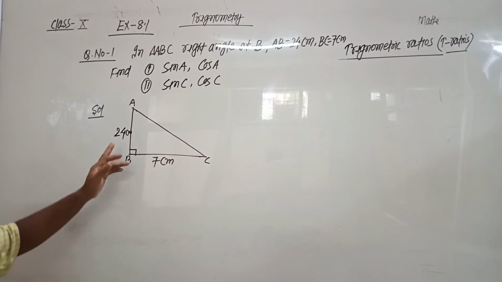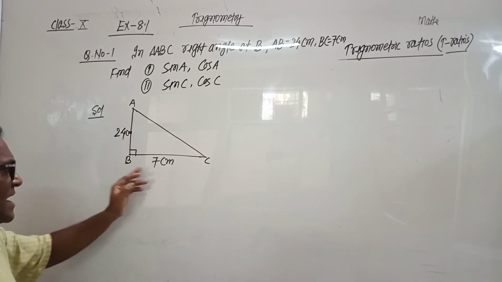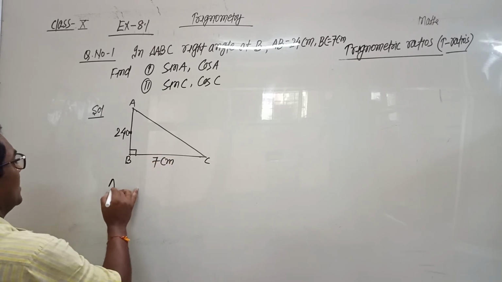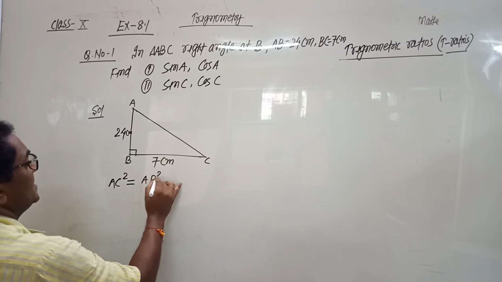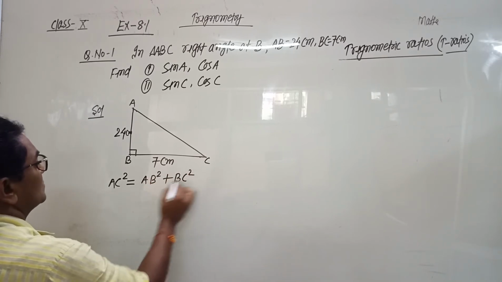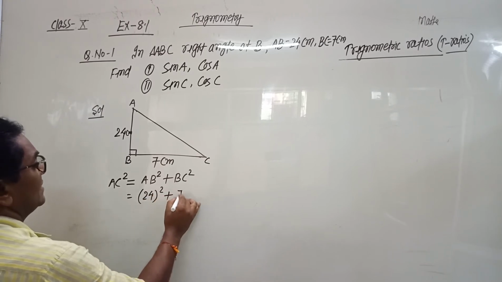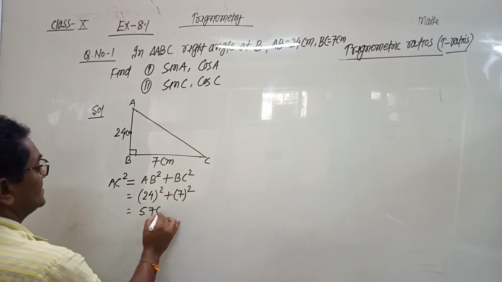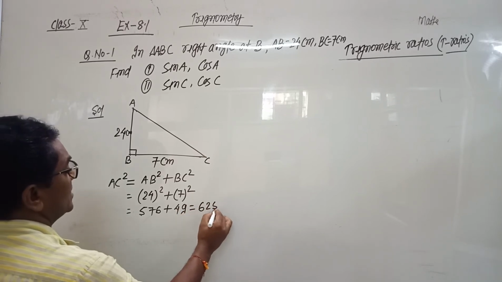So in the very first, in right triangle ABC, we are given two perpendicular sides, AB and BC. We calculate the third side, the hypotenuse. The formula is AC square equals AB square plus BC square. AB is 24, squared is 576, and BC is 7, squared is 49, which gives 625.